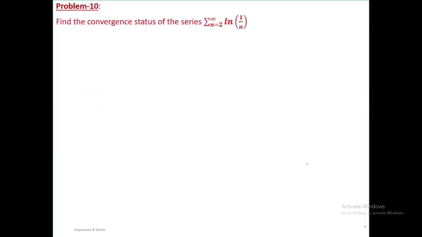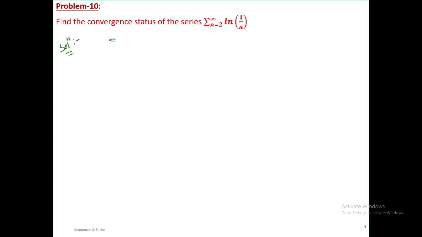Problem number 10. Find the convergence status of the series ln 1 upon n, running from 2 to infinity. For this problem, again you need to find a proper convergence upper bound or divergence lower bound.